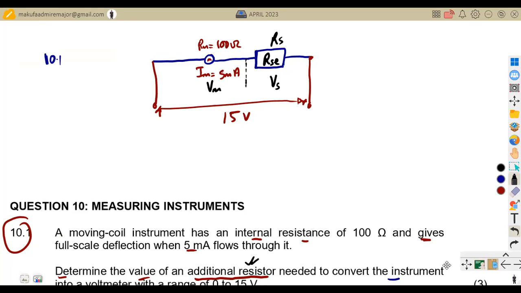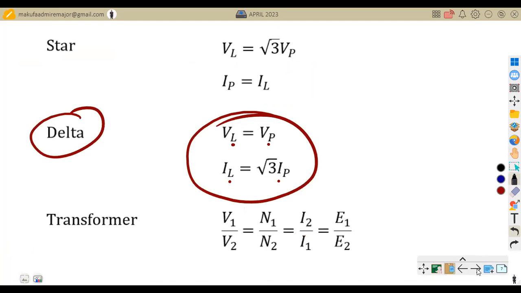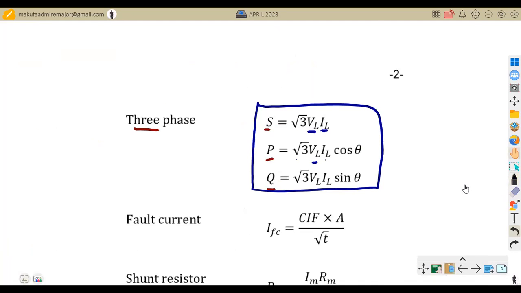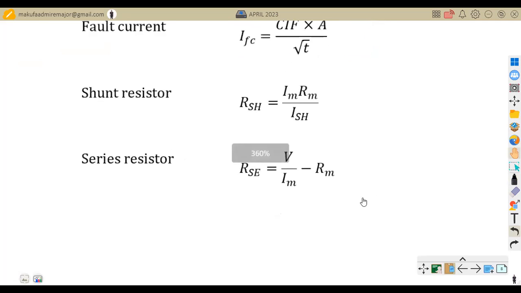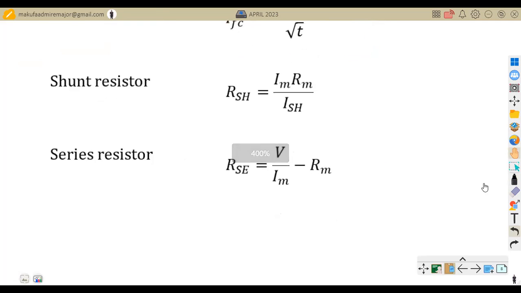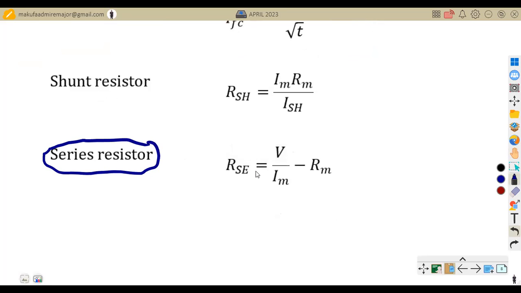On your measuring instruments, without wasting much time, I listed some of the other things you can see here. For a shunt resistor, this is what we have. But for a series resistor, which is the one we are dealing with, we calculate it by V over IM minus RM.